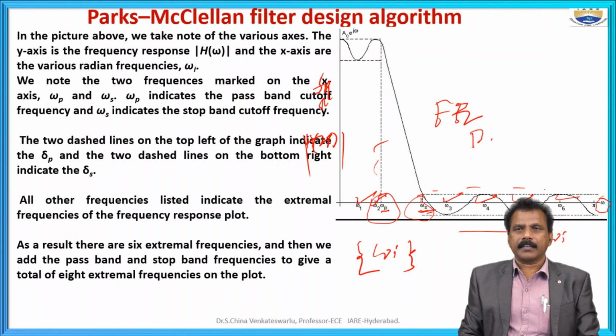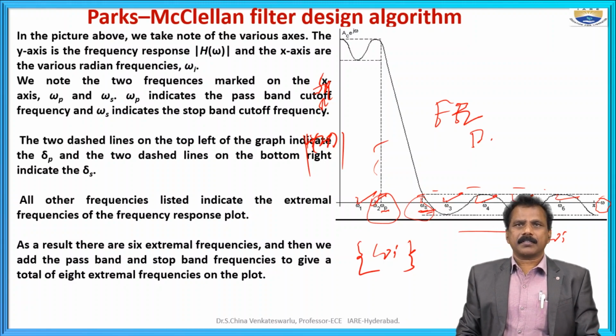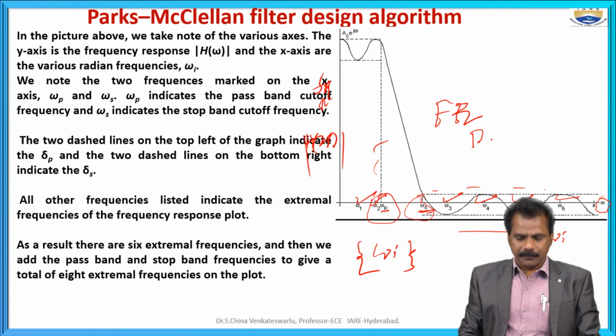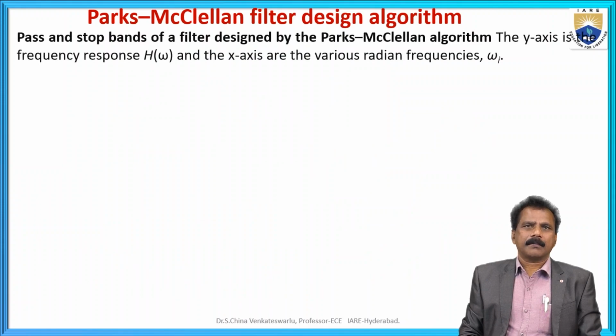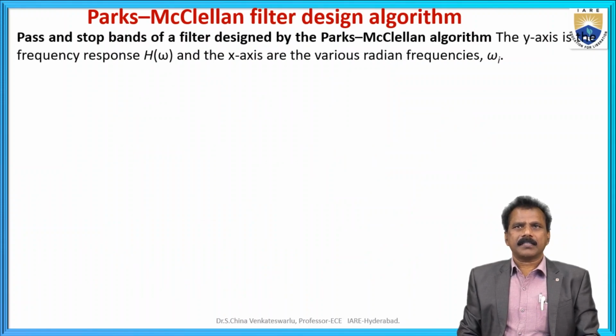We have seen that on the right side. In this graph, the y-axis is the frequency response, and the x-axis is the various radian frequencies omega 1, 2, 3, 4, or we can consider omega i. These are the pass and stop bands of the filter designed by the Parks-McClellan algorithm.